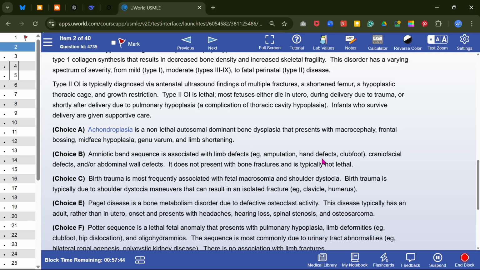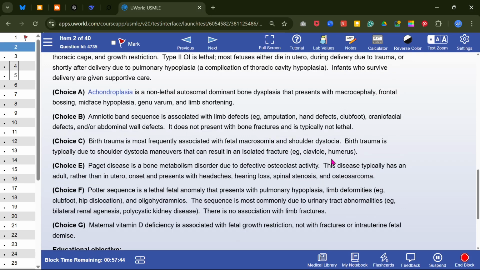Yes, yes. Amniotic band sequence is associated with limb defect, amputation, hand defect, clubfoot, craniofacial defect, and or abdominal wall defect. It does not present with bone fracture and is typically not lethal.